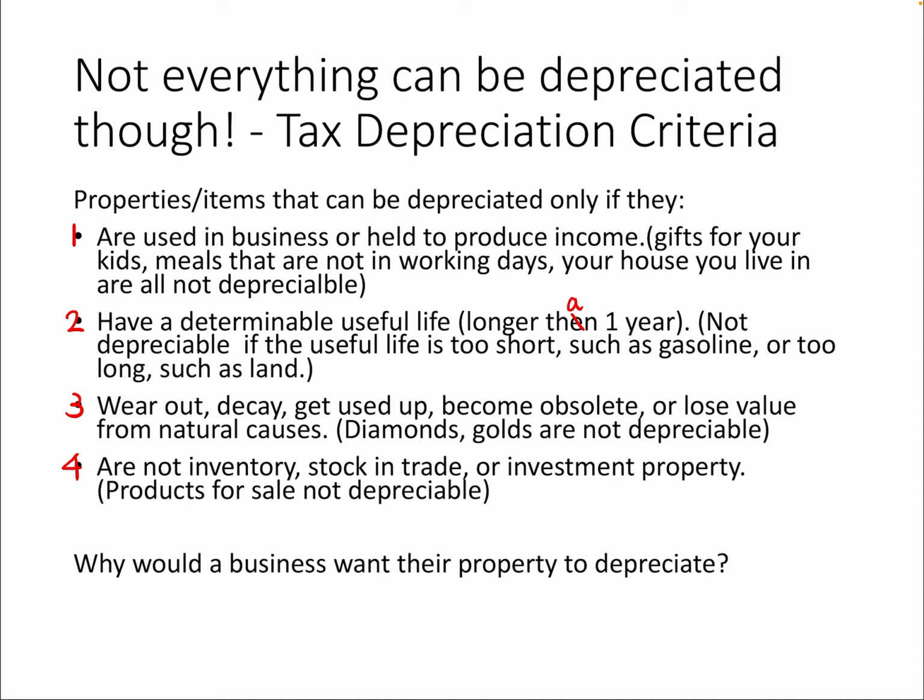So these things are not depreciated. Okay. So you need to understand there are things that can be depreciated, but there are things that are not, and you need to distinguish the two different types of items.